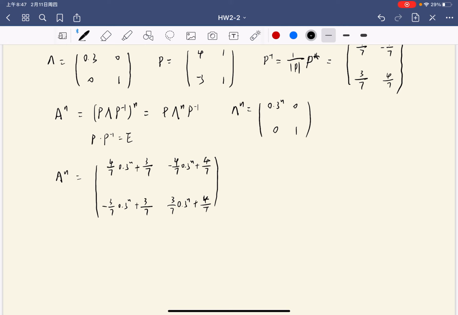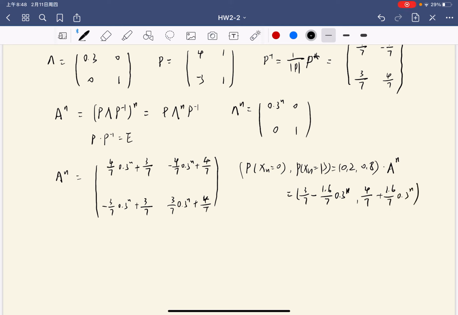So using this expression, the vector of P(xn = 0) and P(xn = 1) equals (0.2, 0.8) multiplied by matrix A to the power of n, and we can calculate the result: 3/7 minus 1.6/7 multiplied by 0.3 to the power of n, and 4/7 plus 1.6/7 multiplied by 0.3 to the power of n.